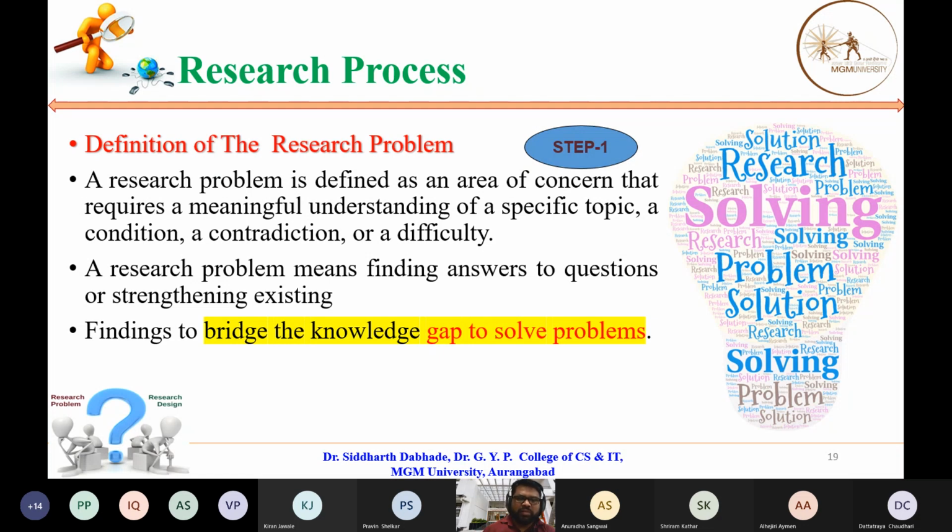If you see the technical definition, the research problem is defined as an area of concern that requires a meaningful understanding of a specific topic, condition, contradiction, and difficulties, right? So we need to find out the answers to your questions.